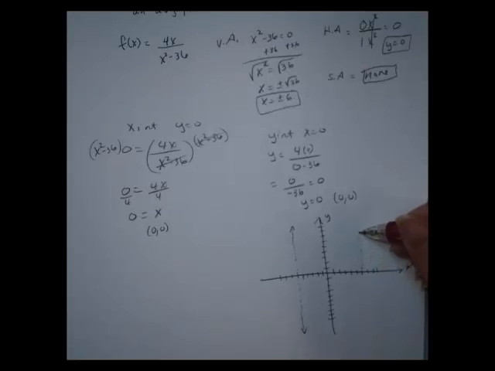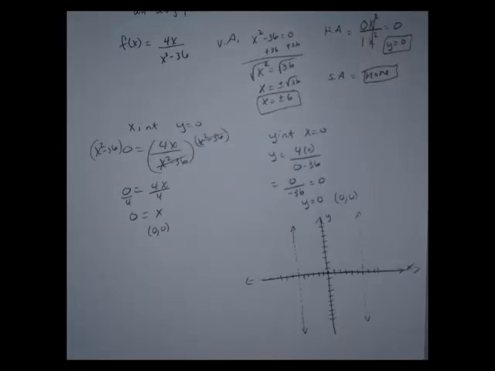And then our horizontal asymptote is at y equal to 0. Now, a horizontal asymptote we can actually cross. Verticals we do not. And then we don't have a slant asymptote. Our x-intercept is at the origin, and so is our y-intercept. Well, we don't know what's happening with the rest of our graph here.